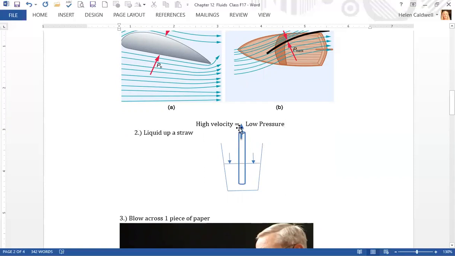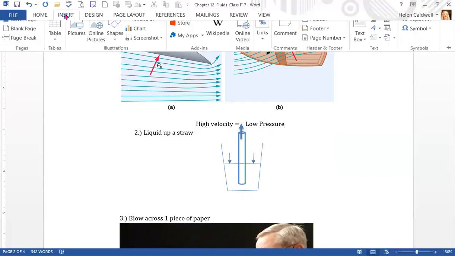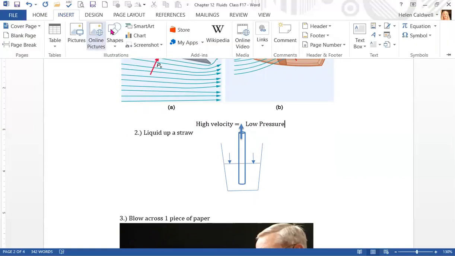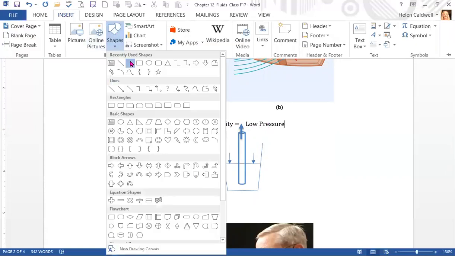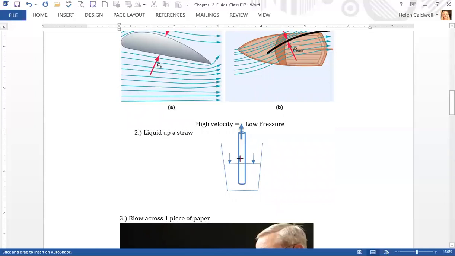Yes, the velocity, I guess we're showing, this is really the velocity, but there's a low pressure inside pushing down on it. I ought to insert a little short arrow for a low pressure.